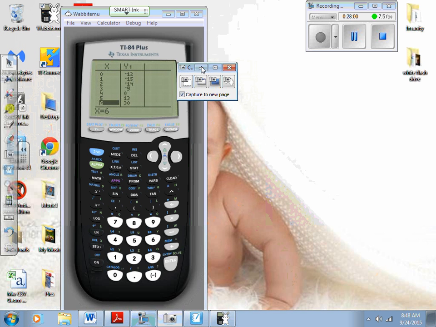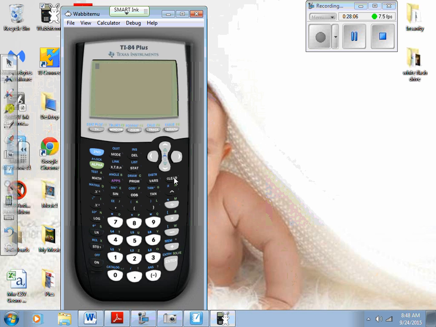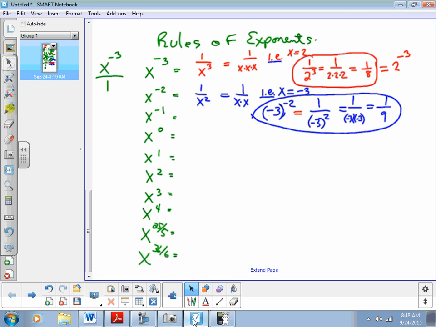Clear that. All right. Remember I just did the number 1/2 to the 3rd power, which is really the same as saying 2 to the -3 power, right? Okay.